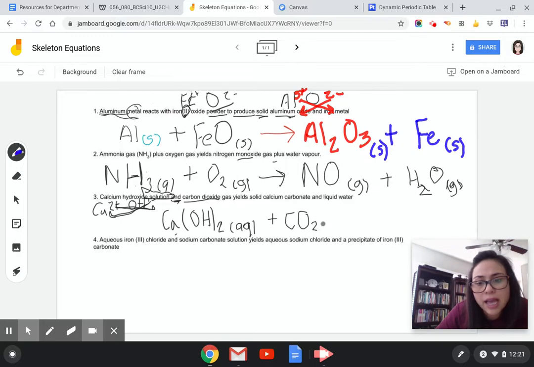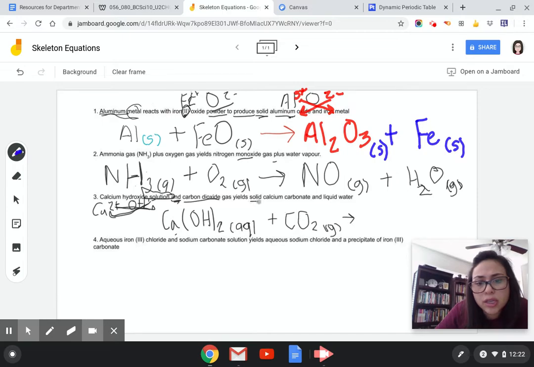It's a gas. Okay, bear with me here. I'm going to put a G in parentheses. Not the best visual here. Okay, now it says it yields, so it's going to represent the arrow.